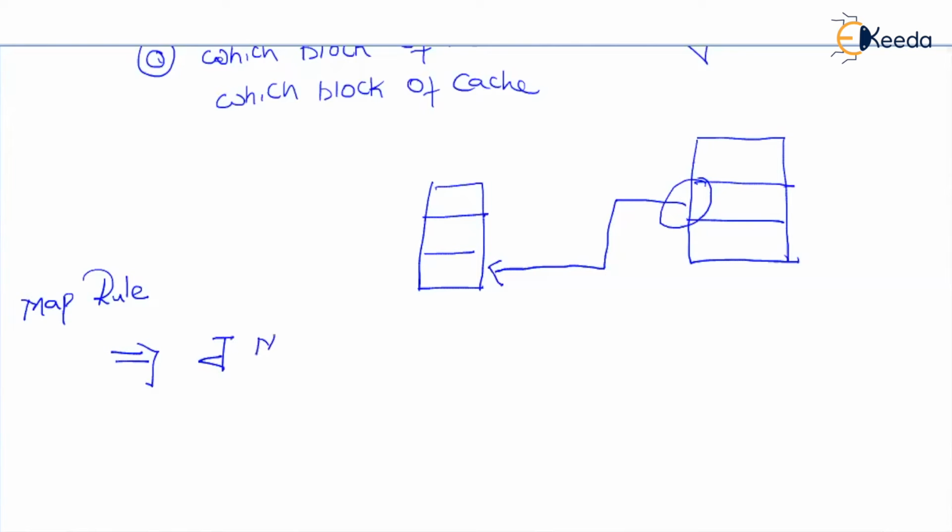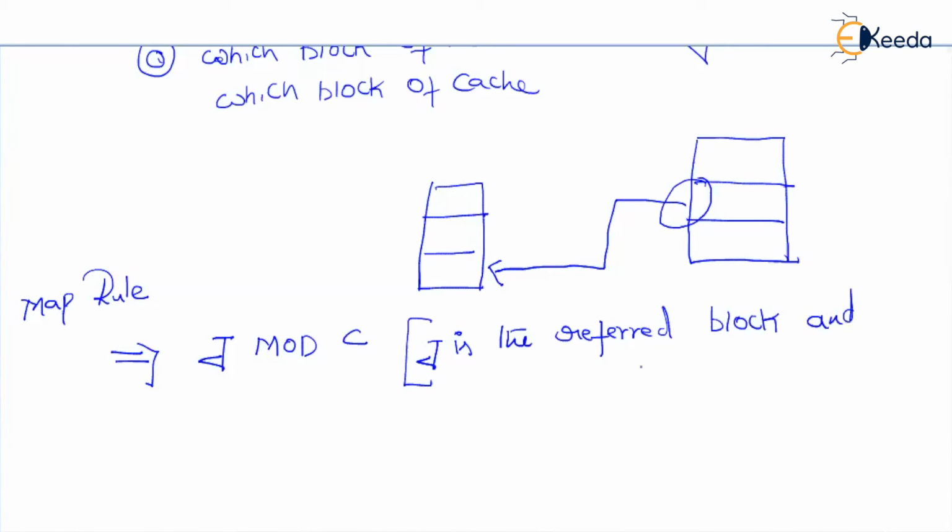J mod C, in which J is the referred block in the main memory and C is the total number of blocks in cache memory.